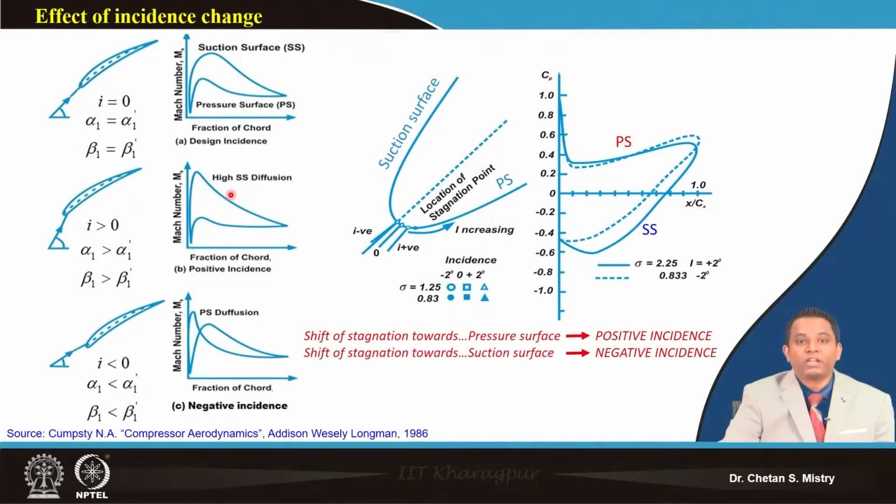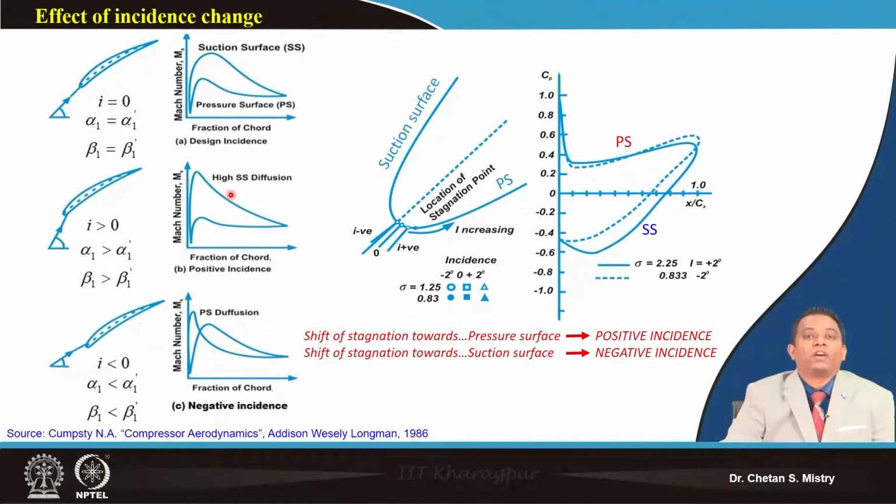Then we discussed how we define a positive incidence angle and a negative incidence angle. That is based on where my stagnation point is located on my leading edge. If the stagnation point is located towards the pressure side, we say that is a positive incidence angle.